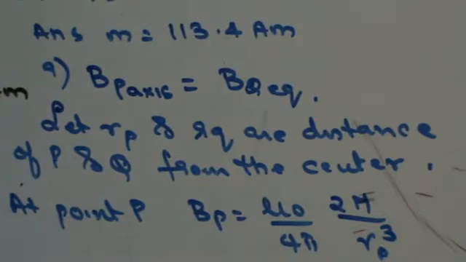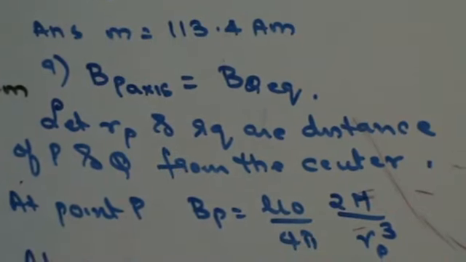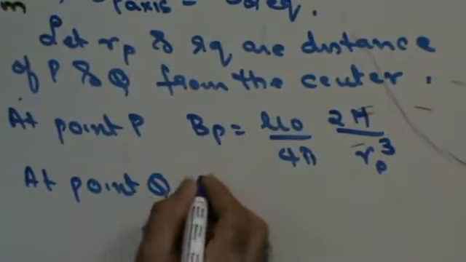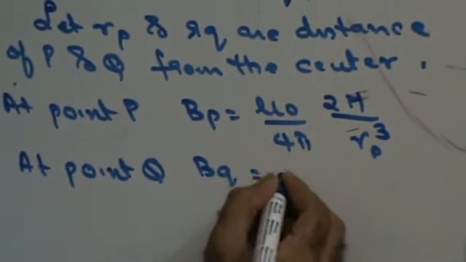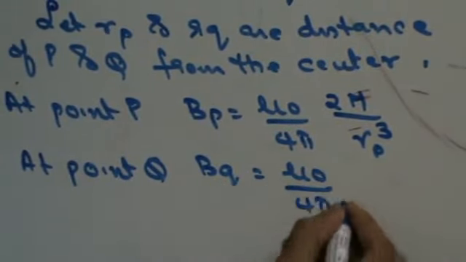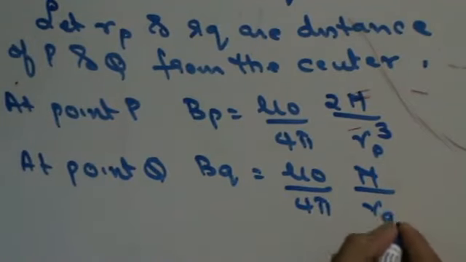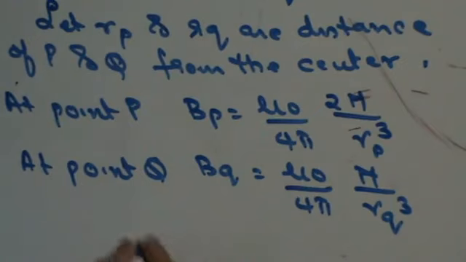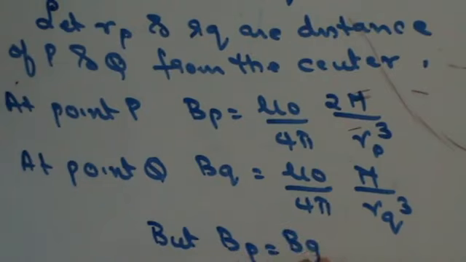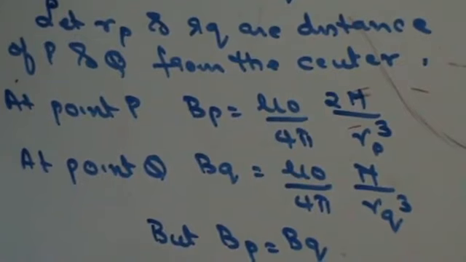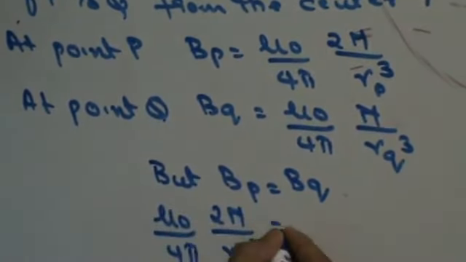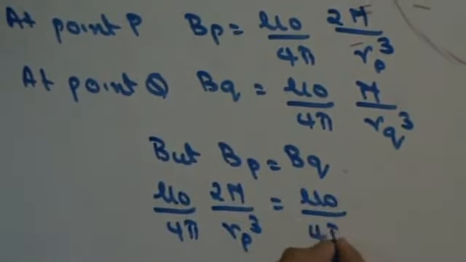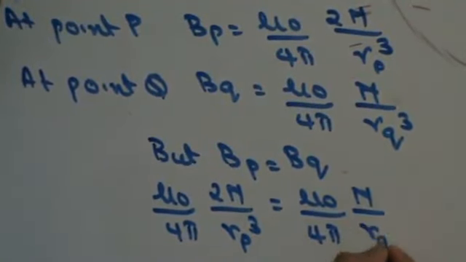At point Q, BQ is going to be mu 0 upon 4 pi, m upon RQ the whole cube, since along the equator it is m upon r cube. But they give you that BP is equal to BQ, therefore mu 0 upon 4 pi, 2m upon RP the whole cube is mu 0 upon 4 pi, m upon RQ the whole cube.